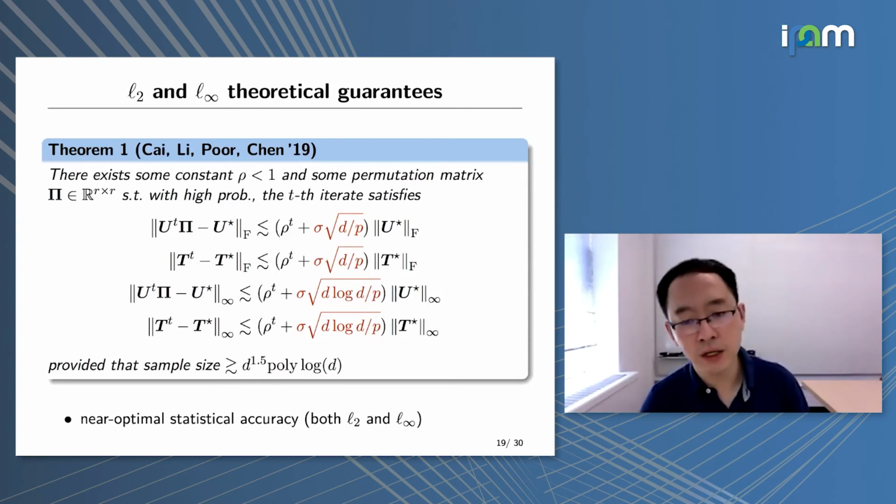Otherwise, if sigma is non-zero, we can also show that this turns out to be the level of the minimax lower bound. So essentially we are able to approach a minimax optimal limit using this algorithm. And this is true for both the Euclidean norm error and entrywise error.